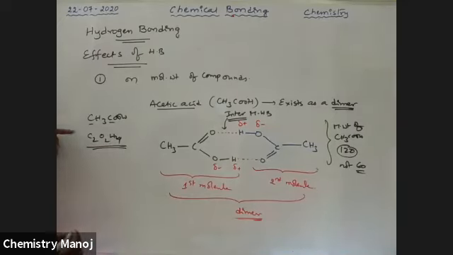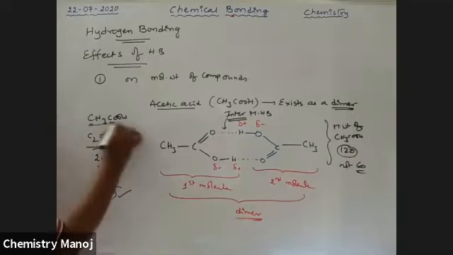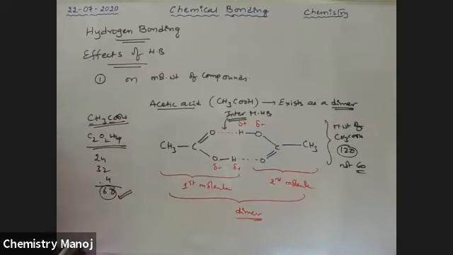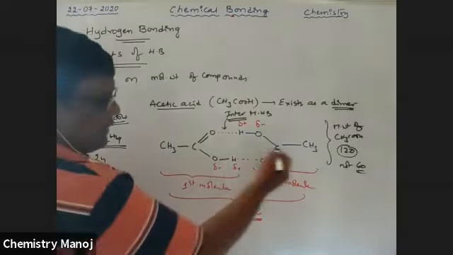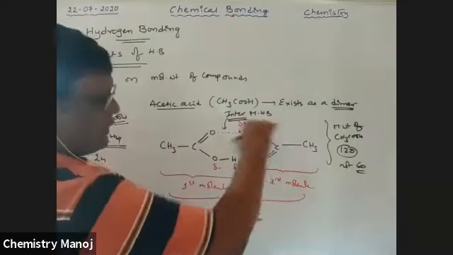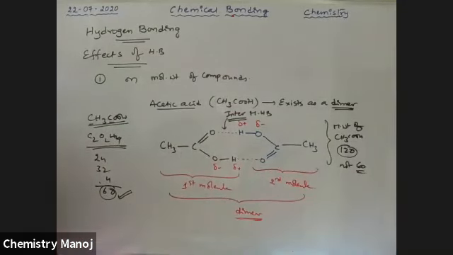So I am going to calculate the molecular weight. Two carbons, 2 times 12 is 24. Two oxygens, 2 times 16 is 32. Four hydrogens is 4. So 24 plus 32 plus 4 is 60. Actually, the acetic acid molecular weight we expected is 60, but acetic acid exists as a dimer.